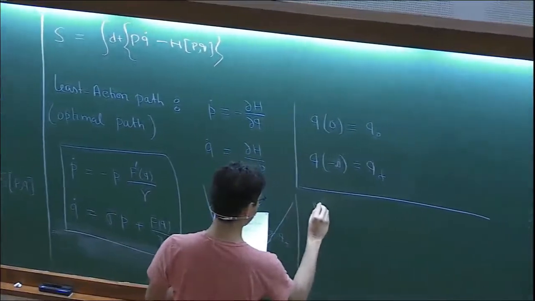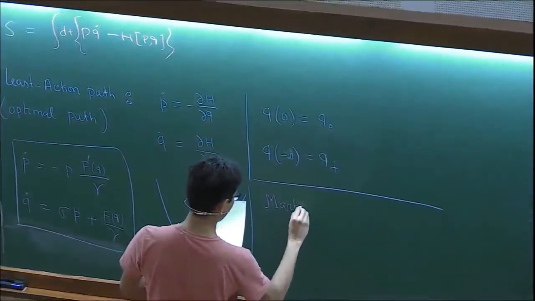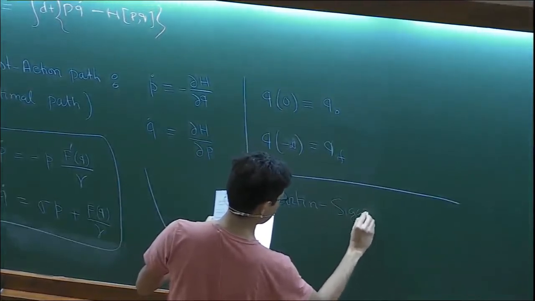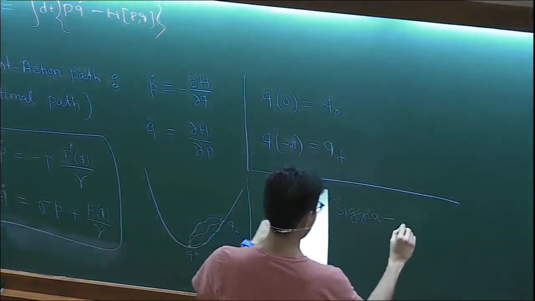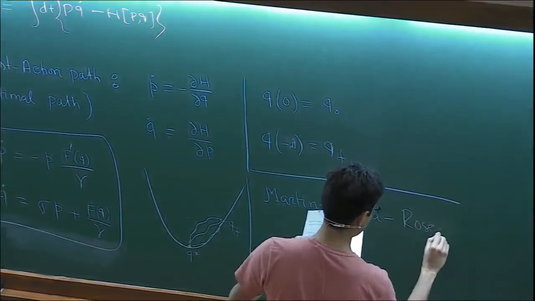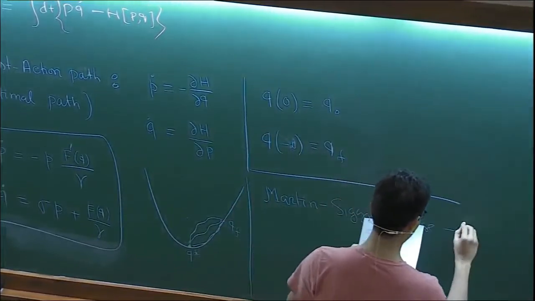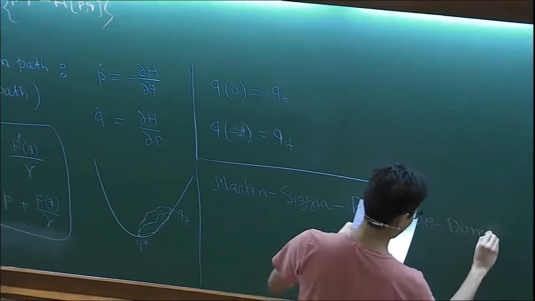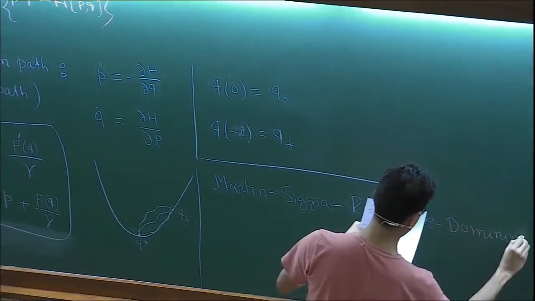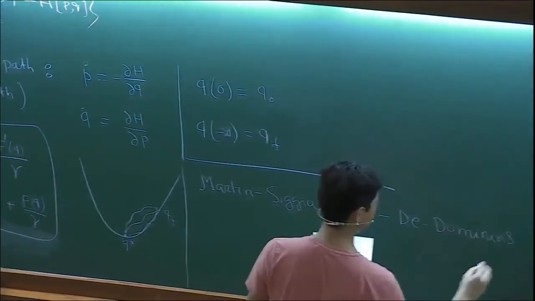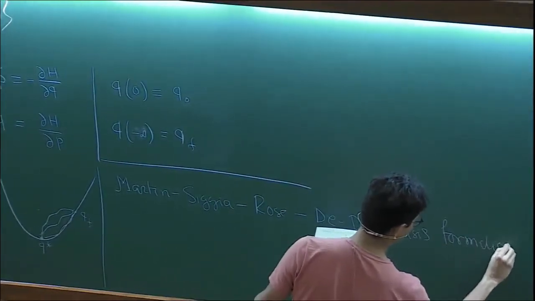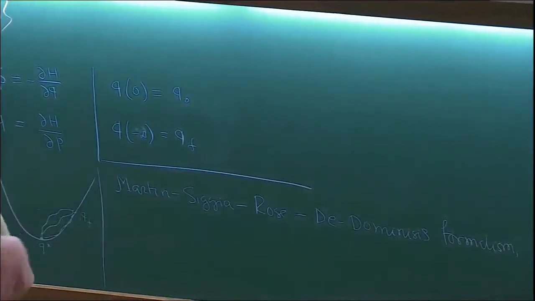So this is called Martin-Siggia-Rose, and then independently by others, the deterministic formalism. And the P is just the response field for that particular piece.